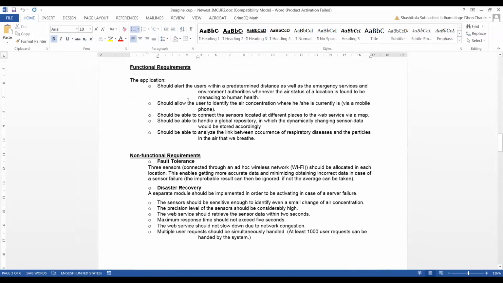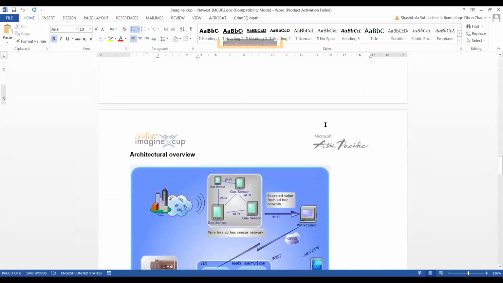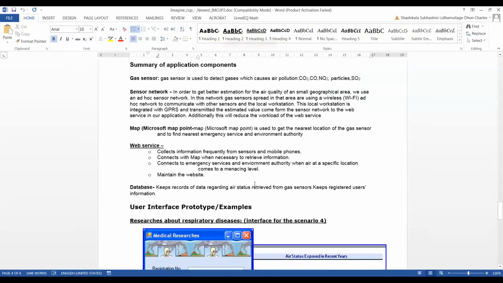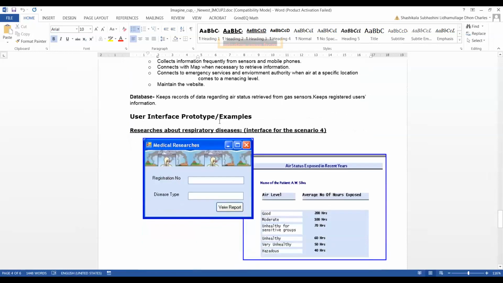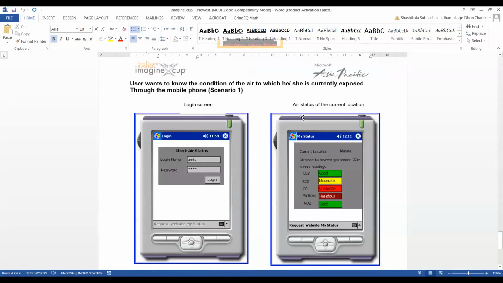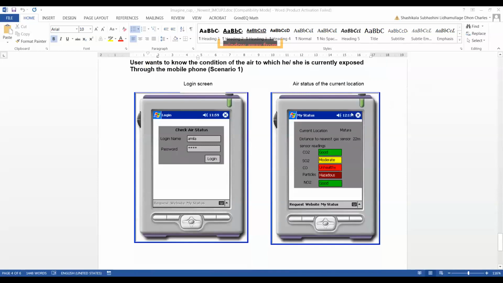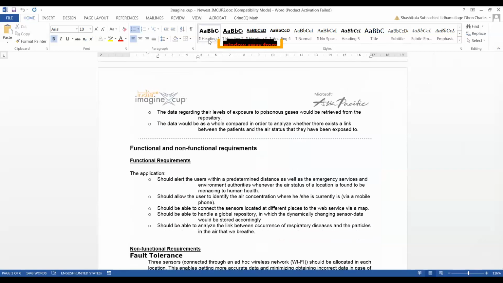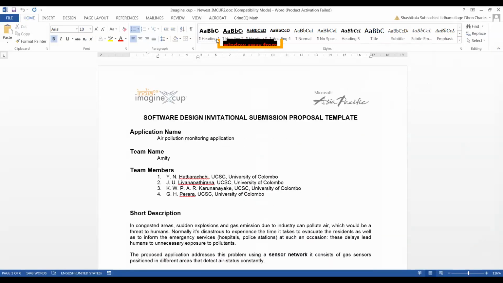Under the functional requirements, you can draw diagrams, use case diagrams. Under the non-functional requirements, architecture and the technology you need. These are the summaries, user interfaces. This is another format. If you can find a separate format other than these on the internet and want to follow it, you can follow it.